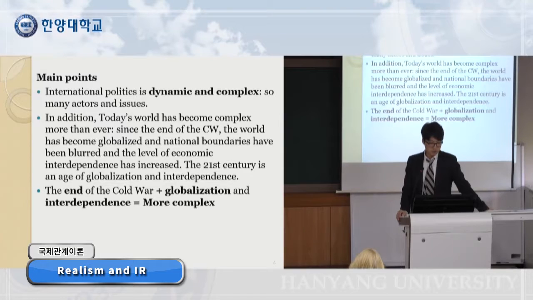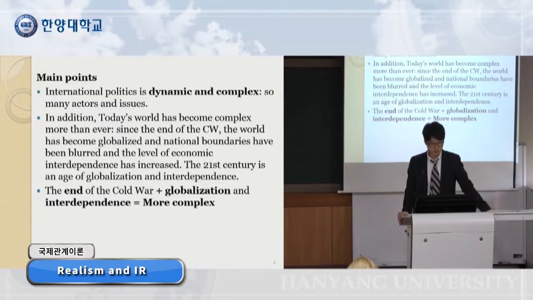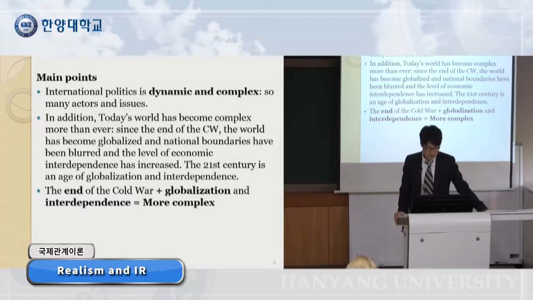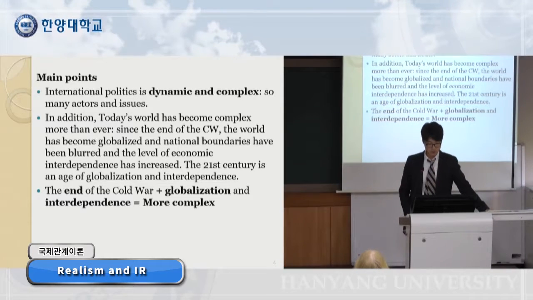There is an old saying that the 21st century of global politics is often described as an age of globalization and interdependence.